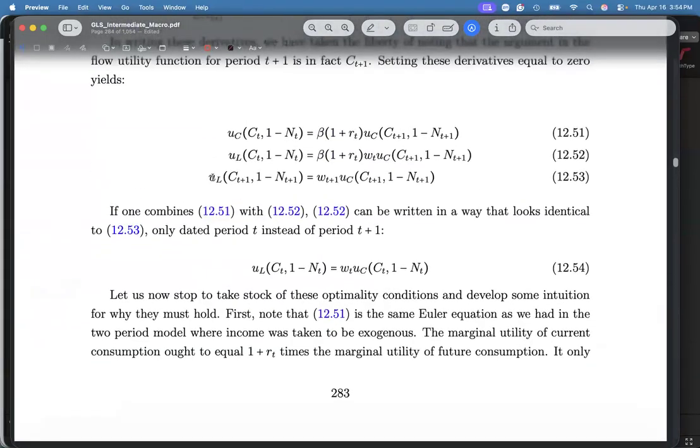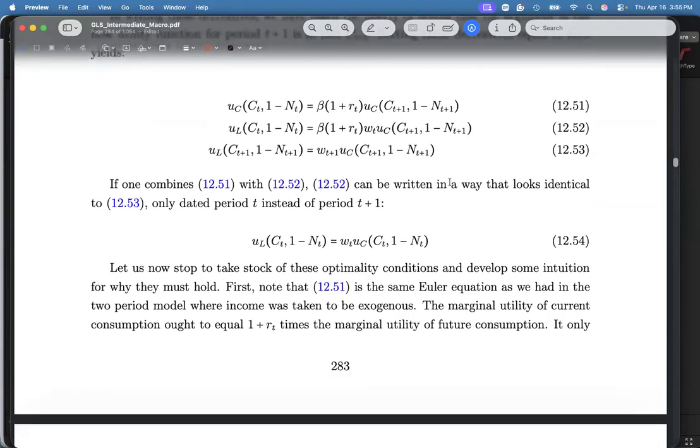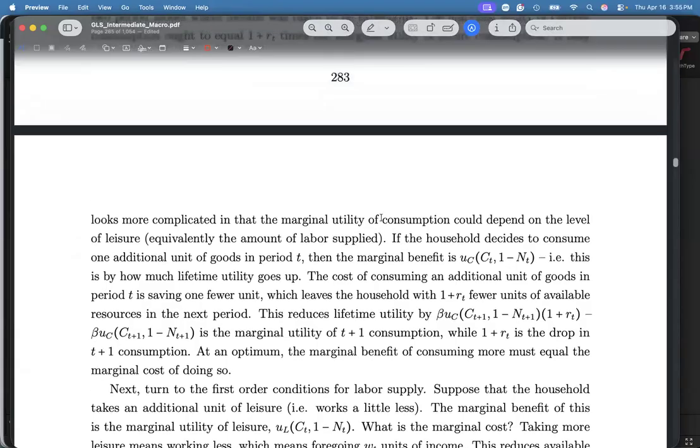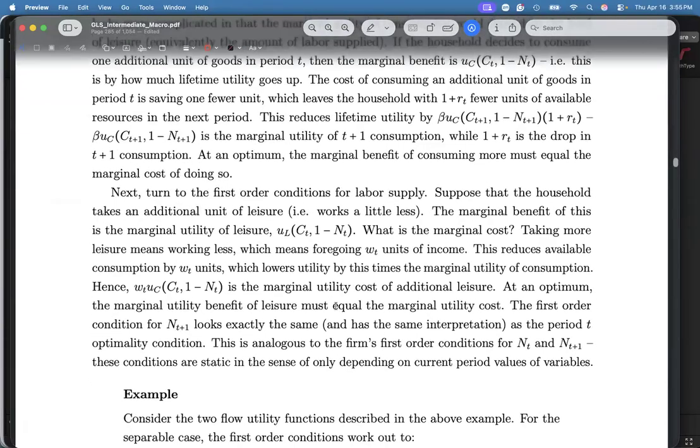I would say specifically for 12.53, this works for T plus 1. You will know that if you combine 12.51 and 12.52, it will become a version of 12.53, but for time T. I want you to derive that by combining 12.51 and 12.52, it becomes a version of 12.53, but in the current time period. Okay, so you will get that from the description in the text here.